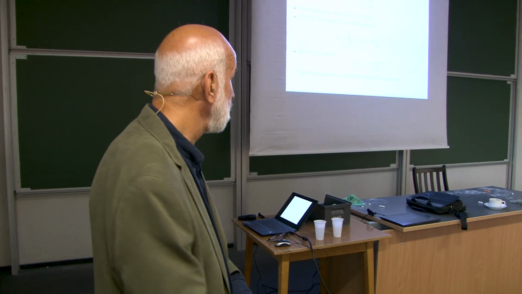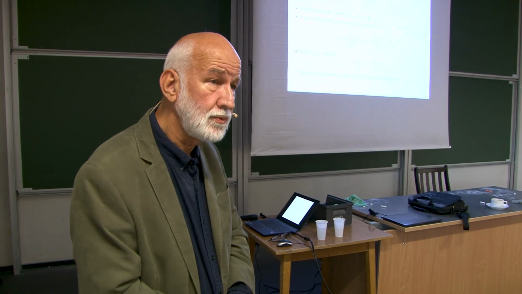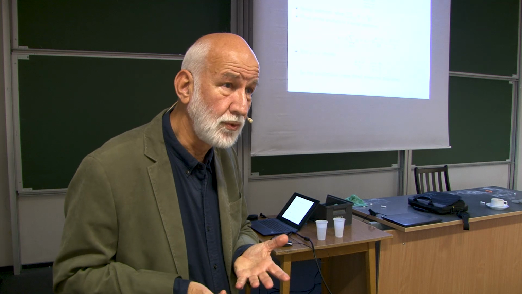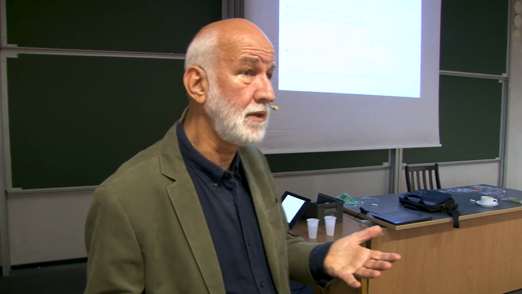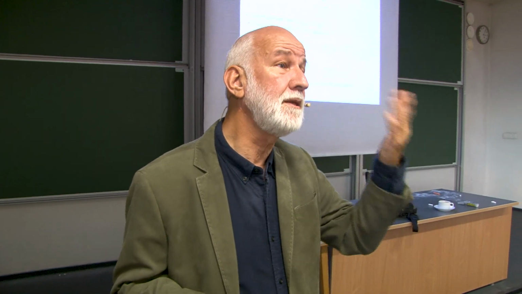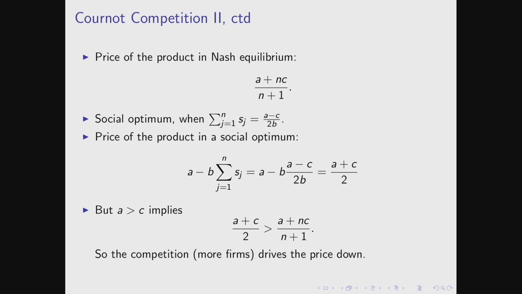Now, the price is bigger, so you would think we are worse off, because we wanted things to be better in social optimum. But the point is, it depends from whose point of view. If you look at the customers, then in social optimum the price would be higher. So this is not good for customers. But in Nash equilibrium, the price is lower, so it's good for the customers.